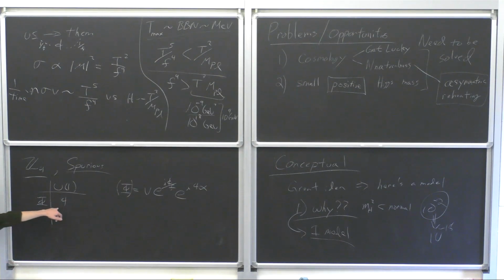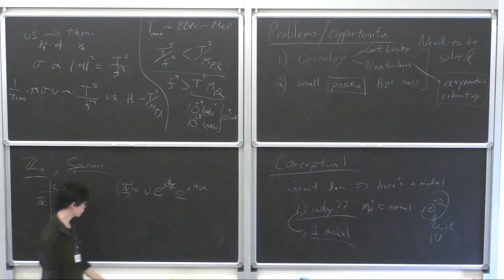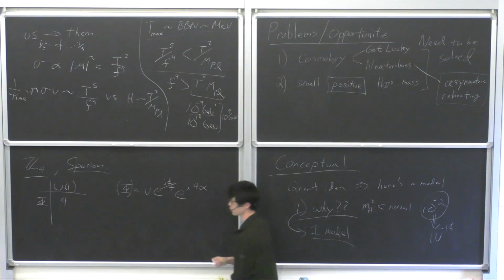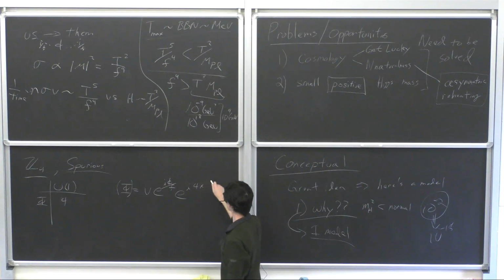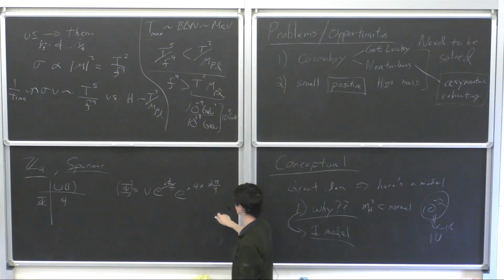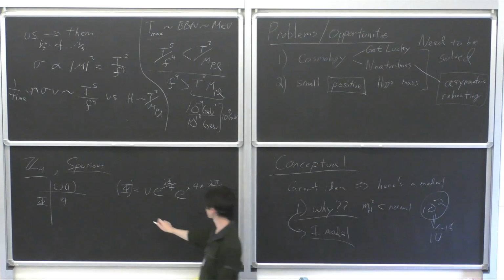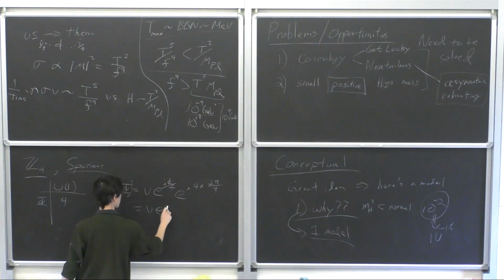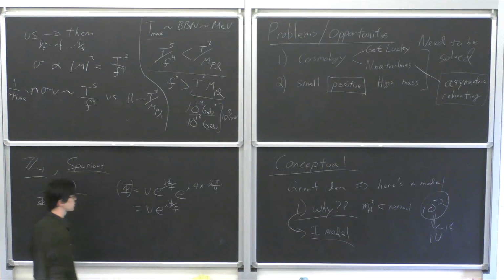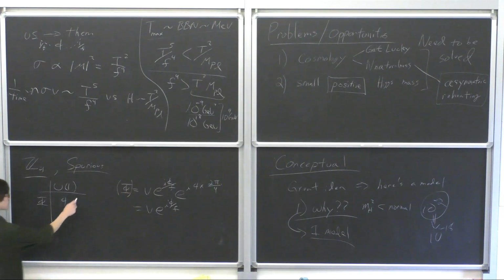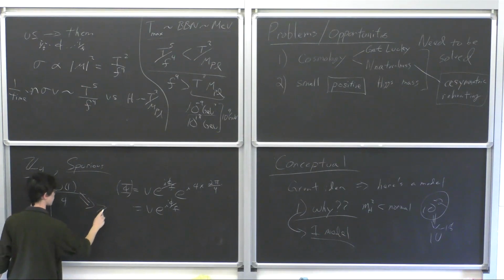In particular, if I choose not a 2 pi rotation, but 2 pi over 4, I go 1/4 of the way around a U1, and this is equal to itself. You have e to the 2 pi i, which is 1. And so this breaks my U1 down to a Z4.